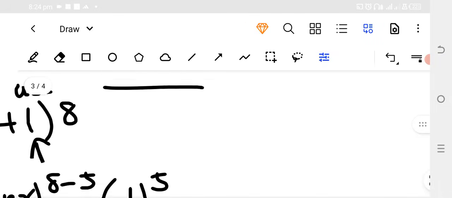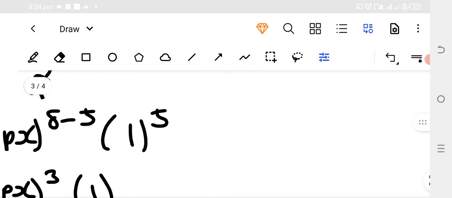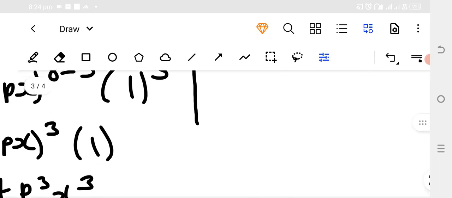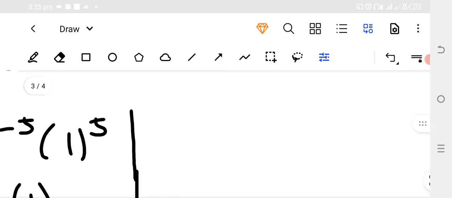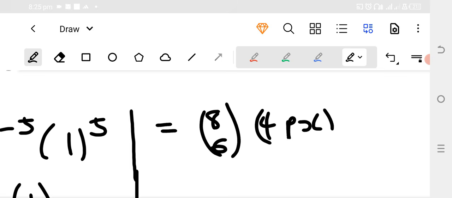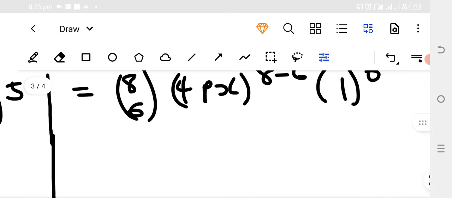And then the one having the x squared is going to be, let's do it side by side. So let's just extend the line like that, just doing this side by side. The one having the x squared is going to be equal to 8 combination 6, and then 4px. I'm writing all the working out so that we can understand where this is coming from. So the power 8 minus 6, and then it would be 1 to the power 6, which is 1, since 1 to any power will just be 1.